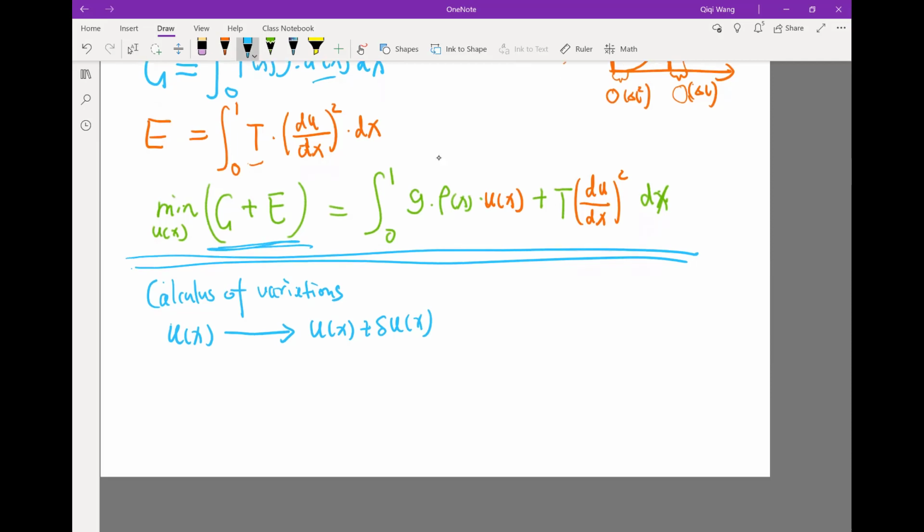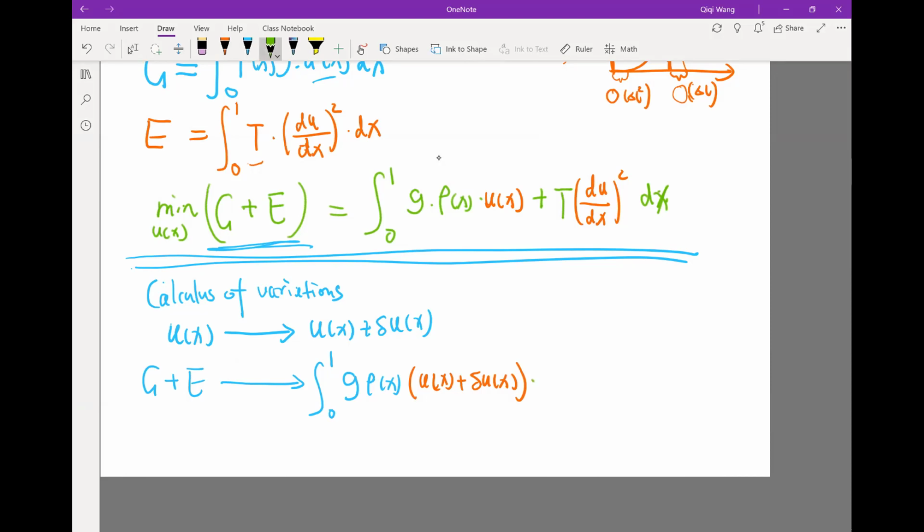All right, so let's actually plug it in. My g plus e is going to be changed into the integration from 0 to 1 of g rho of x. Note that u has changed into u of x plus delta u of x, right?